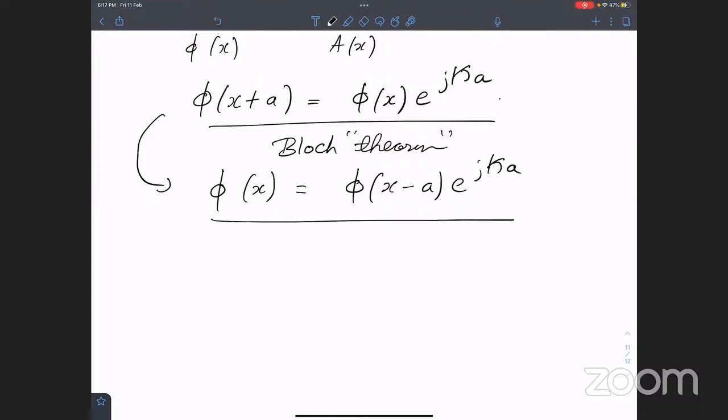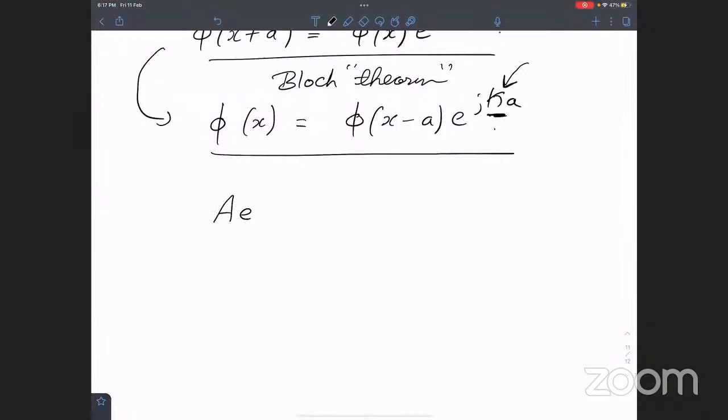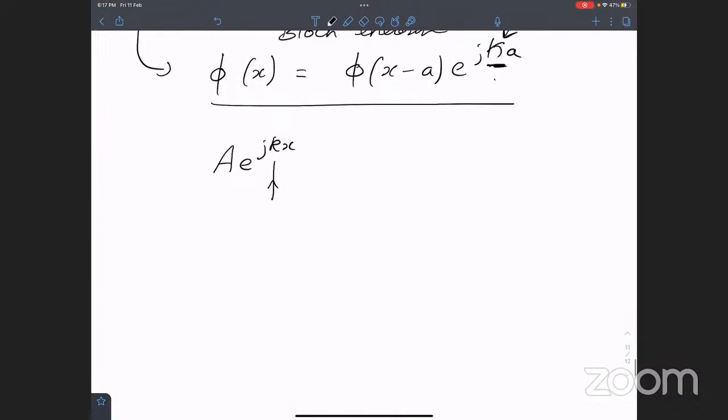Now there are some interesting implications of this that we're going to have to examine, which have to do with what values this k can take and what exactly this k is. Remember, until now we have been having the plane waveform e to the power jkx, and we said that this k is nothing but the wavelength, right?